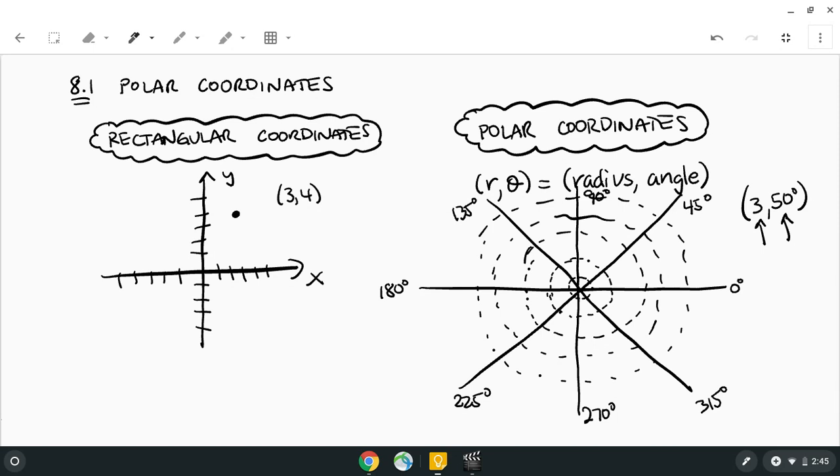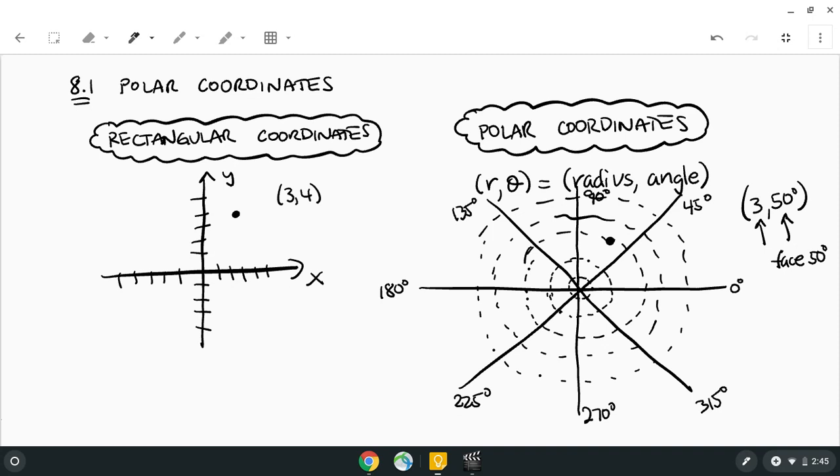And each circle is 1. So you would march to the third circle, 1, 2, 3. So 50 degrees with a radius of 3 is right there. Okay. So again, this 50 means to face 50 degrees.